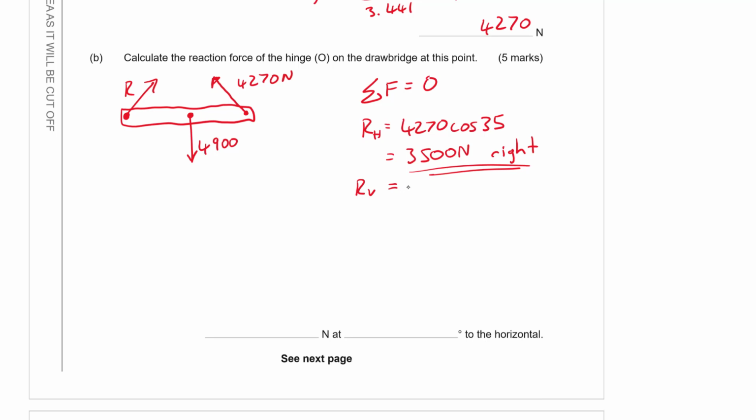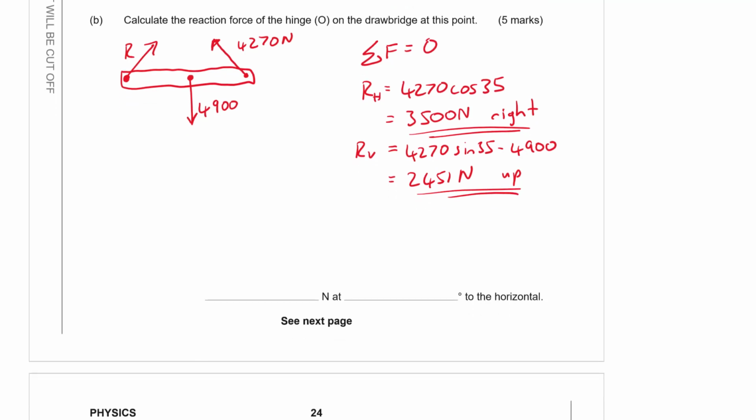I'm going to start with the upward tension force, so 4270 sin 35, and I'm going to subtract the gravitational force, and what I end up with is 2451 newtons upwards.